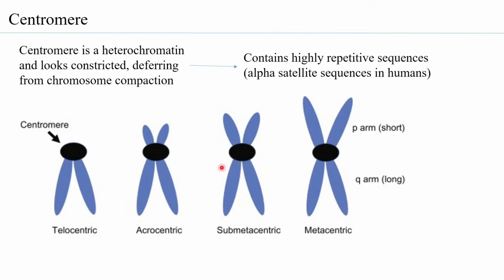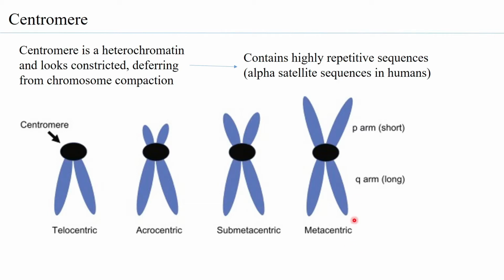Submetacentric is when the centromere is not exactly at the center, but a little above or below the central position of the chromosome. Here you may consider that this is one-third and this is two-thirds.